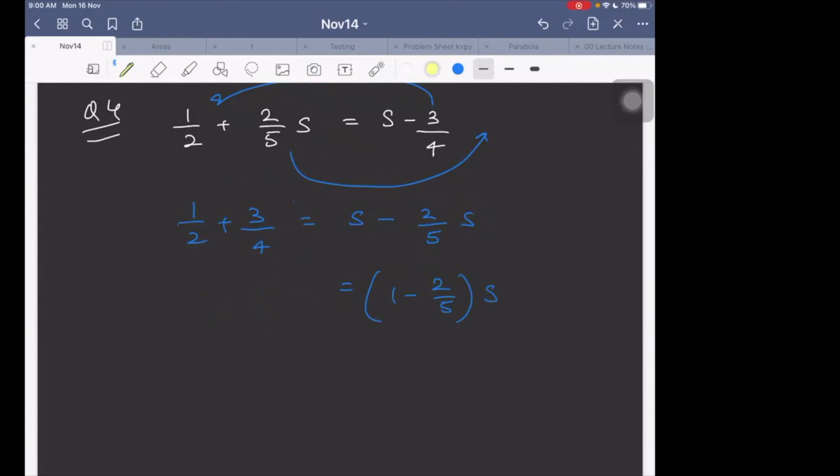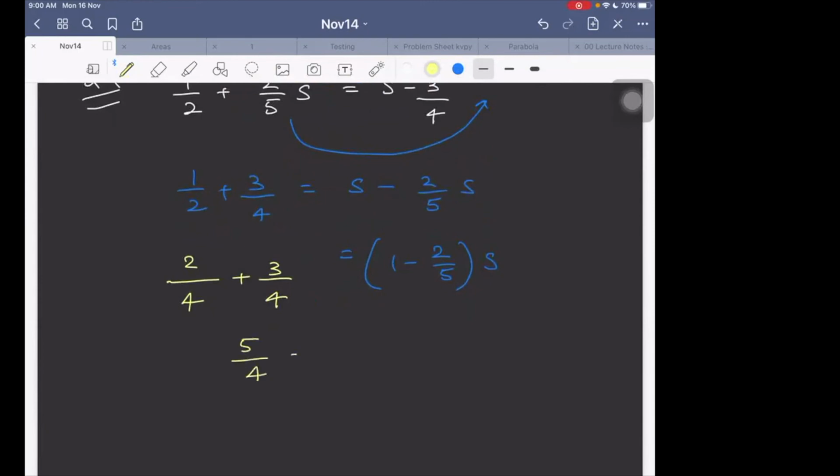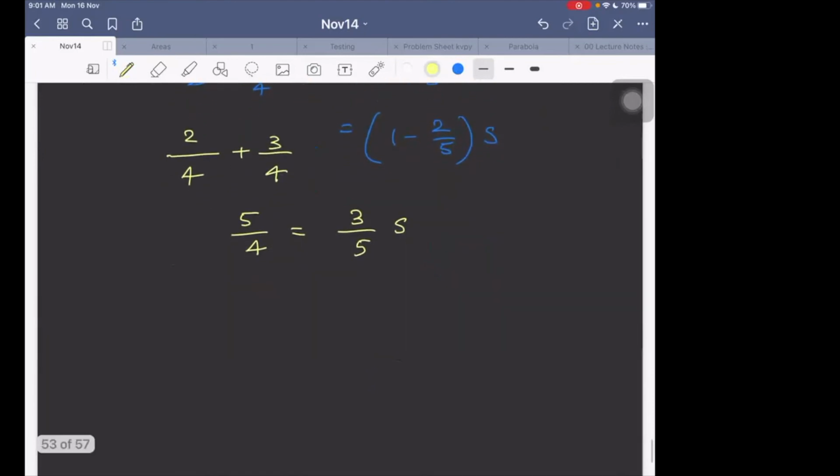And on the LHS, half can be written with a common denominator of 4. So this is 2 by 4 plus 3 by 4, which is 5 by 4. And 1 minus 2 by 5 is going to be 3 by 5, so 3 by 5 s. Now, how do you isolate s? For getting s, you have to take 3 by 5 to the other side.